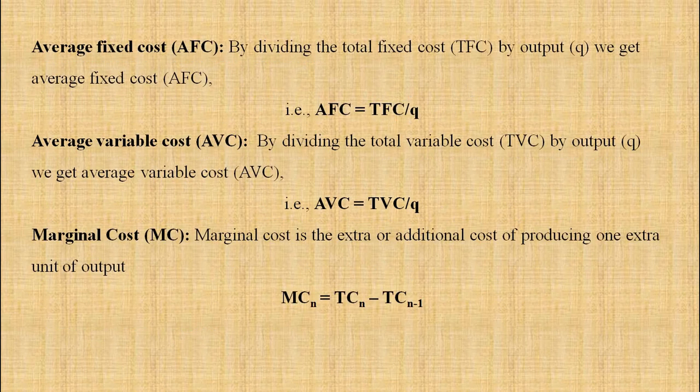Average fixed cost we can get by dividing the total fixed cost by output, that is AFC = TFC/Q. Average variable cost is equal to TVC, that is total variable cost, divided by quantity or output. Marginal cost MC is TC(n) minus TC(n-1).